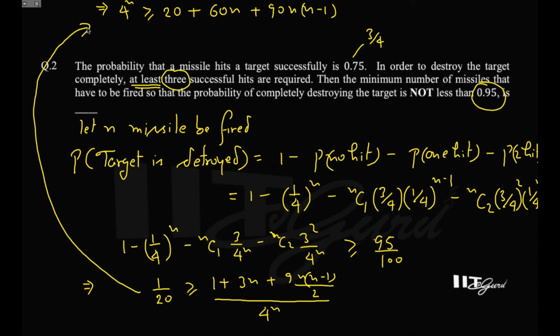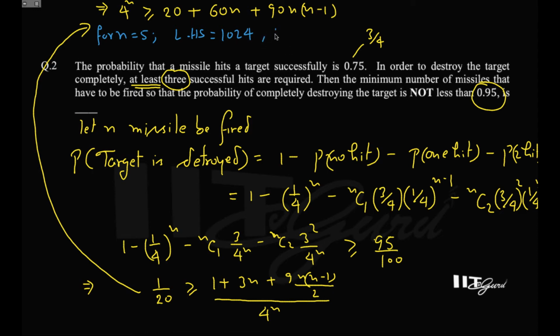So let's test some values. Let me test for n equal to 5. LHS portion will become, when you put 5 over here, 1024. You all know well, 2 to the power 10 is 1024.